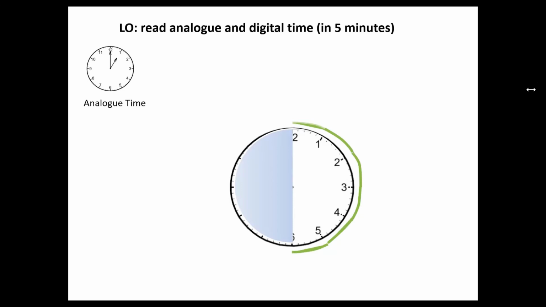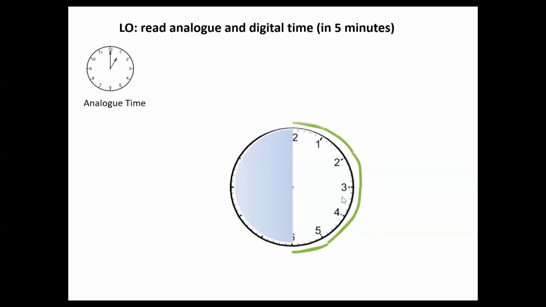Beta, the minute hand is on 6. So how many minutes are over or how many minutes are passed? 10.